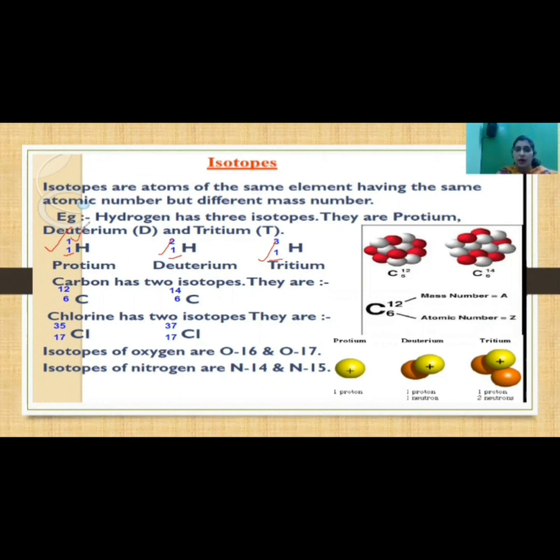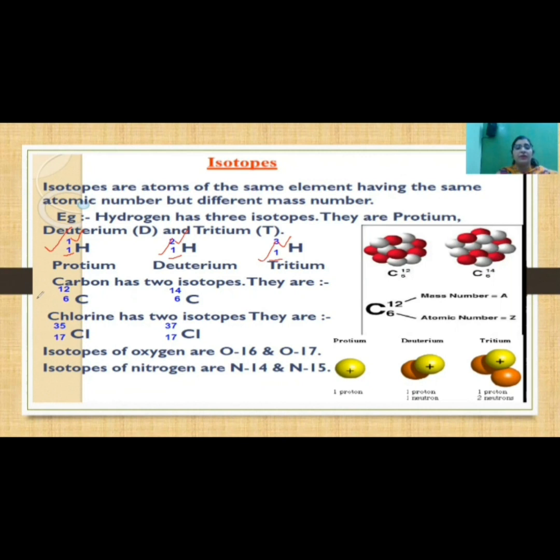For protium, it is 1 because neutrons are 0. For deuterium, it is 2 because the number of neutrons in deuterium is 1. And for tritium, the number of neutrons is 2. So we have different atomic masses but the same atomic number in the case of hydrogen, so they are considered isotopes.